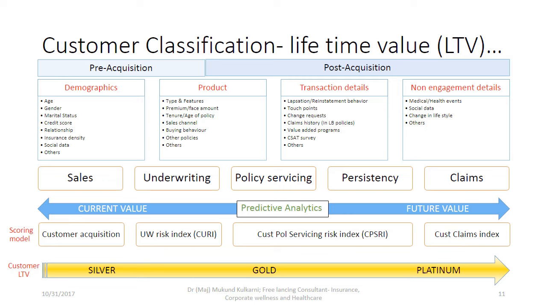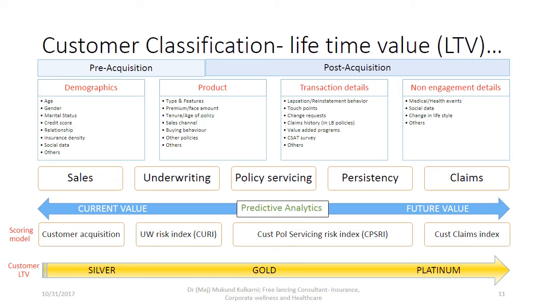So in life insurance, because it's a long-term contract, it's necessary for us to classify our customers based on their lifetime value. What exactly is this lifetime value, and how do we derive it?